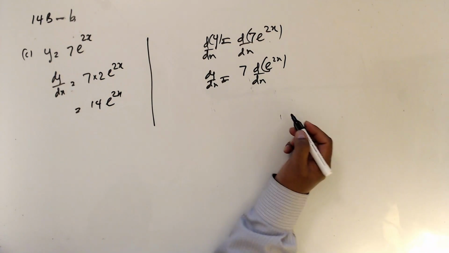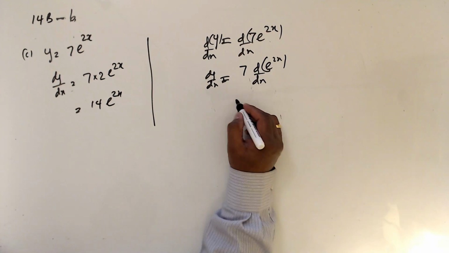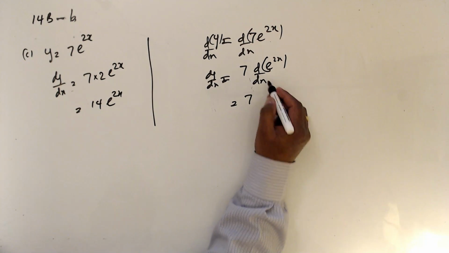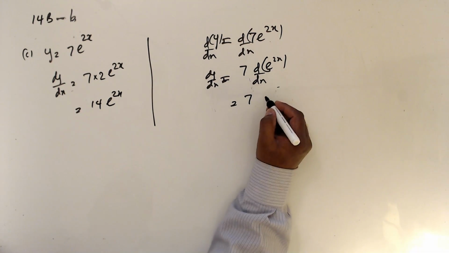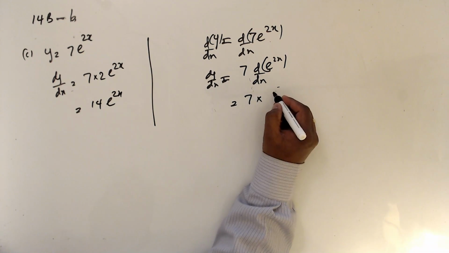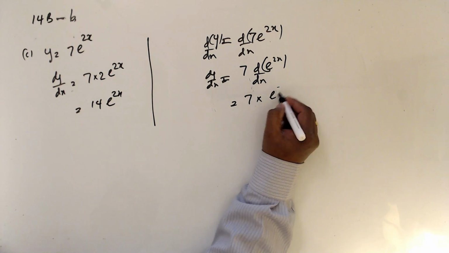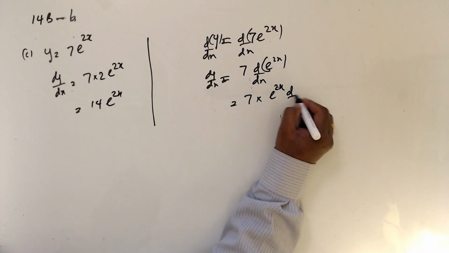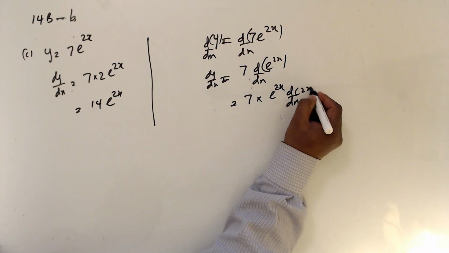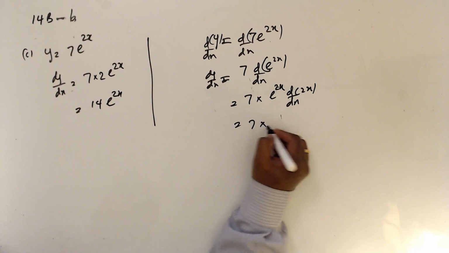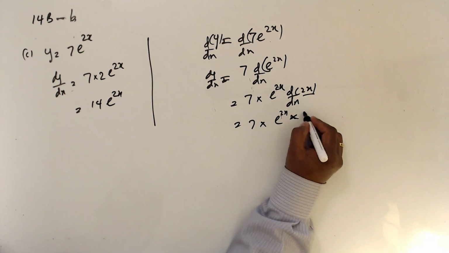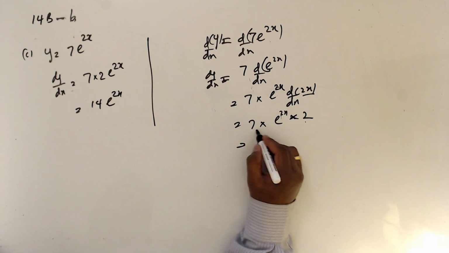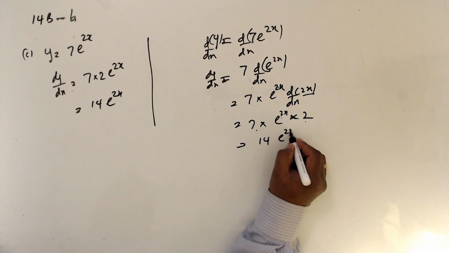Then 7 e^(2x) differentiation is e^(2x), then d/dx of 2x. So 7 e^(2x) times d/dx of 2x, which is 2. So then 7 times 2 is 14 e^(2x).